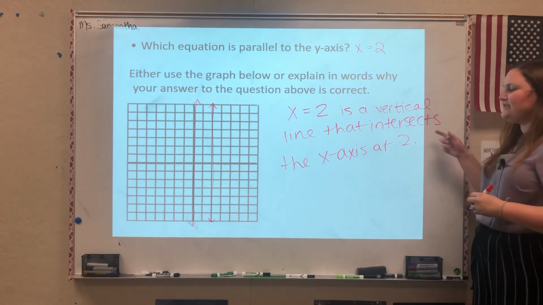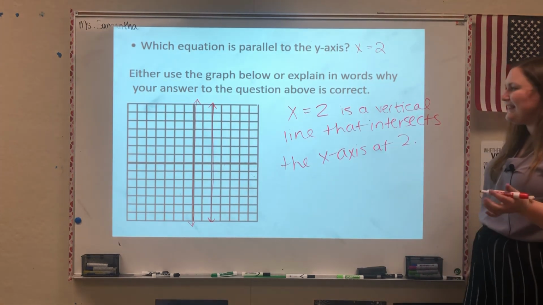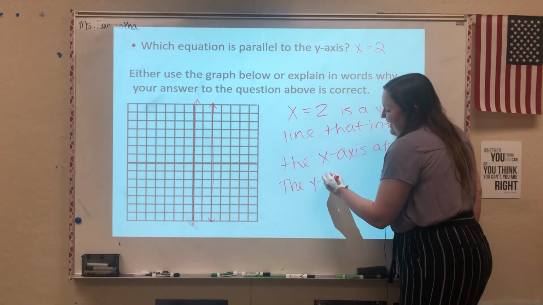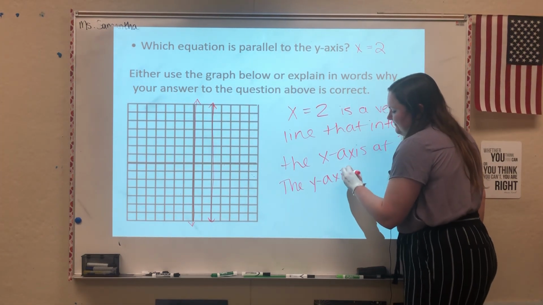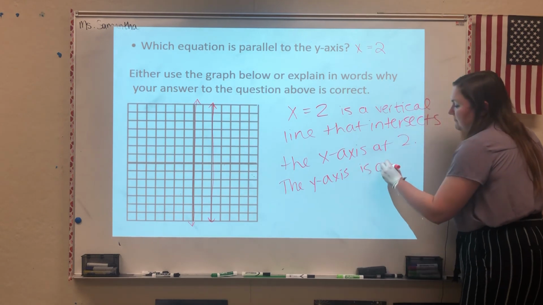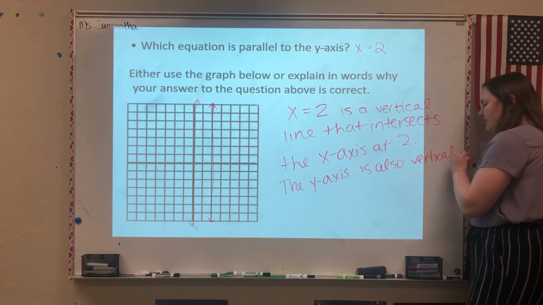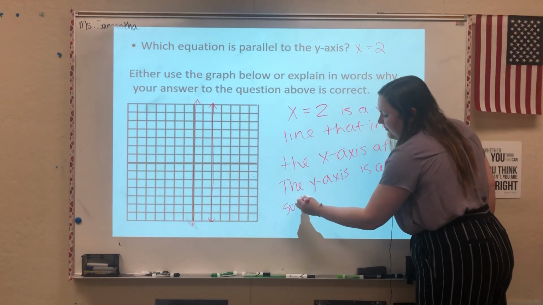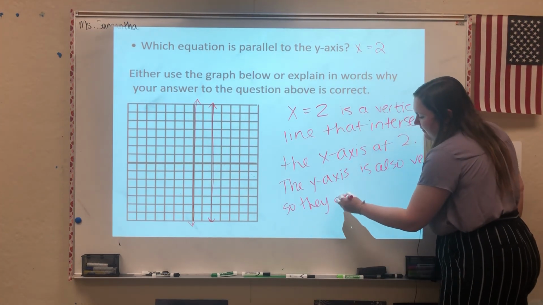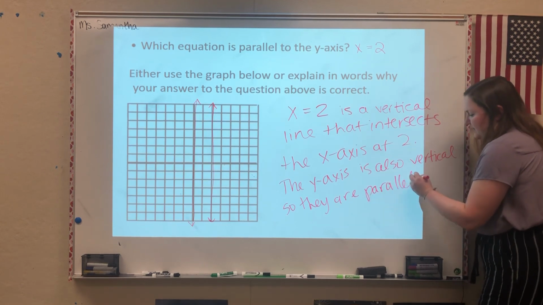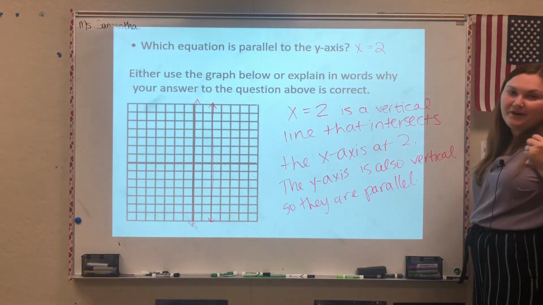You could say it passes through the x-axis at 2, something like that. The y-axis is also vertical. So they are parallel. That's one example of how you could explain why your answer is correct.